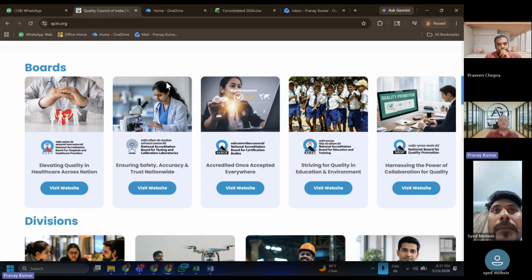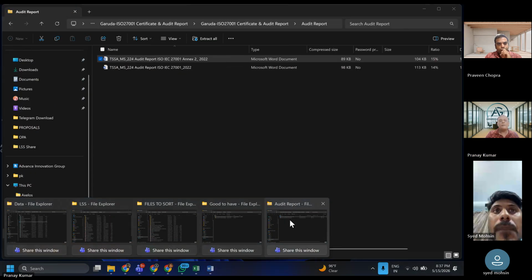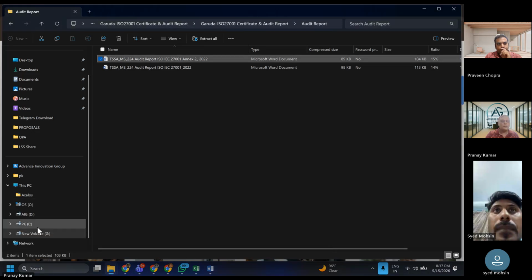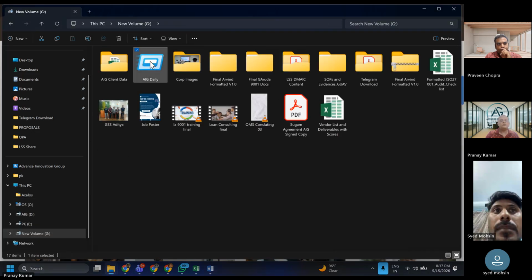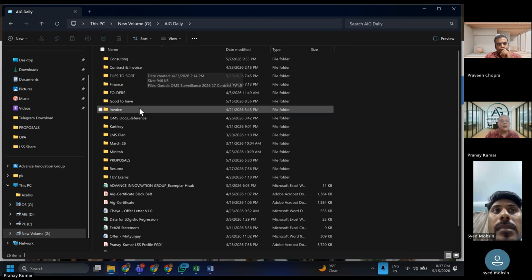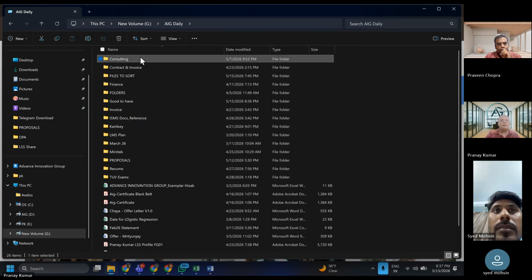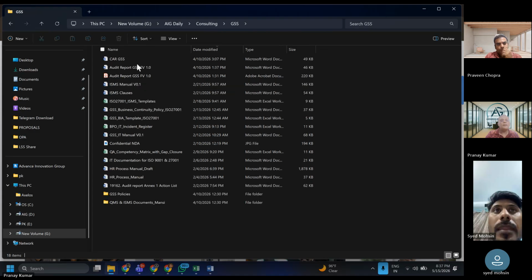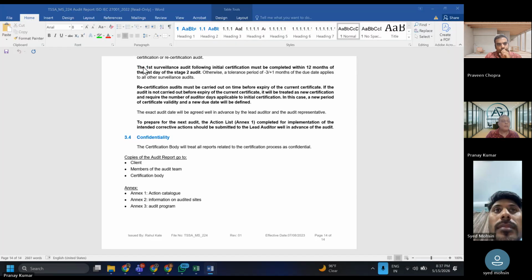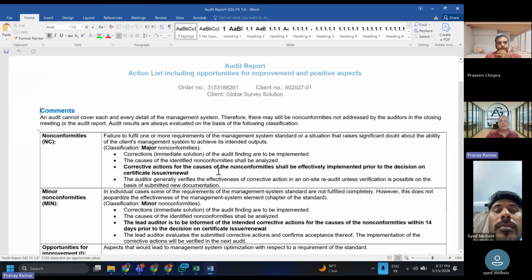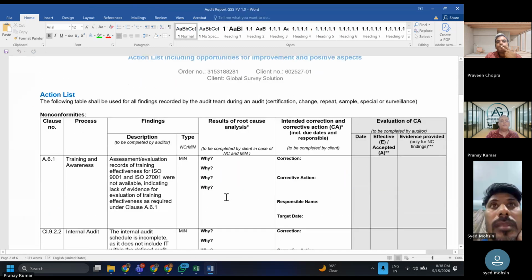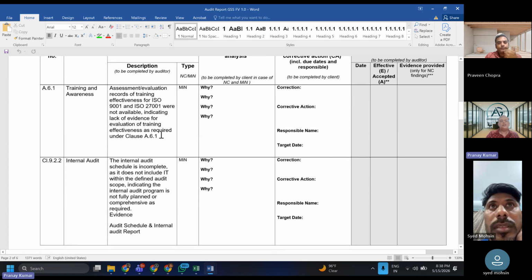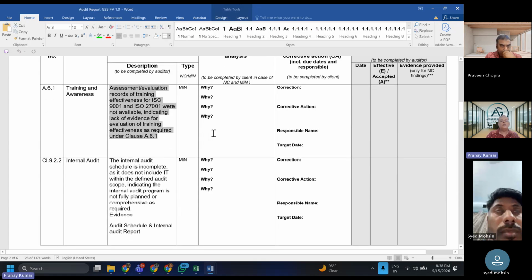If it is a final report, then it will not have any non-conformity. You see this, everyone? This is one of the audit observations. They are calling it minor NC.